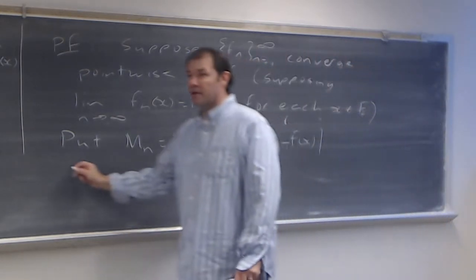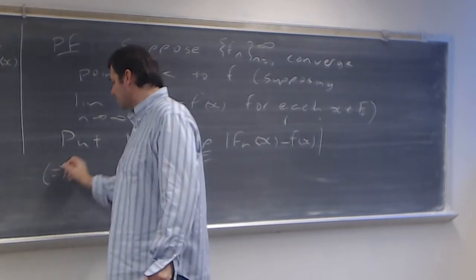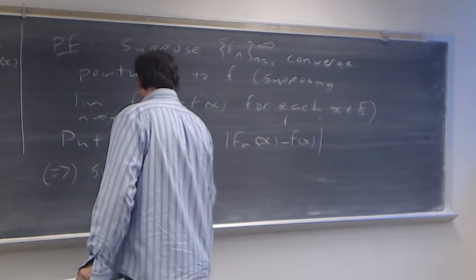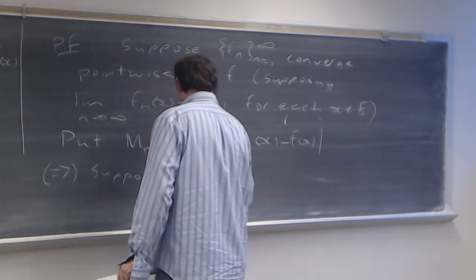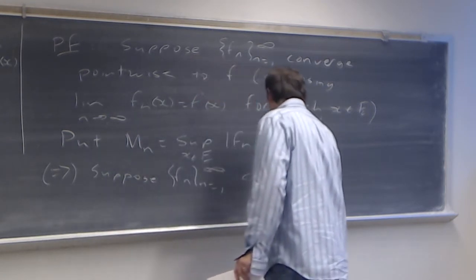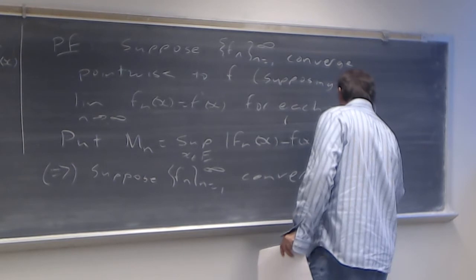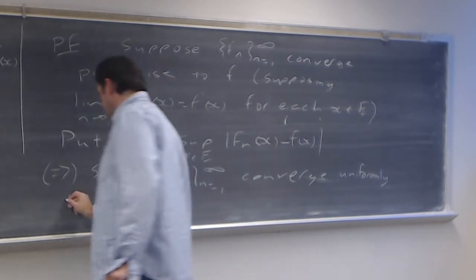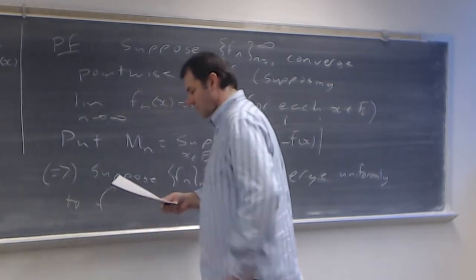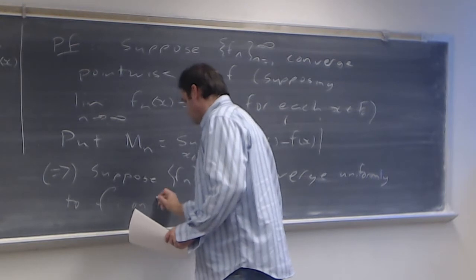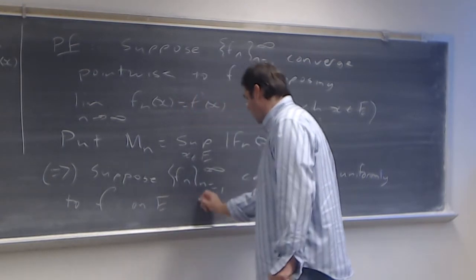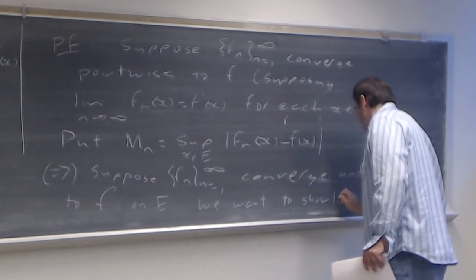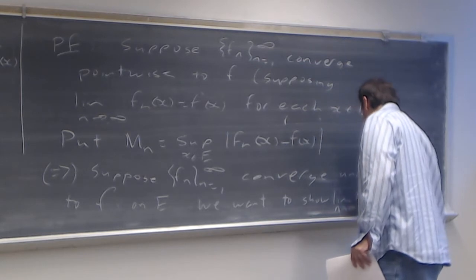Now, this is an if and only if statement, so we have 2 directions to prove. Here in this first direction, we'll suppose that the f sub n converge uniformly to f on E. And what we want to do is show that the limit as n goes to infinity of m sub n equals 0.